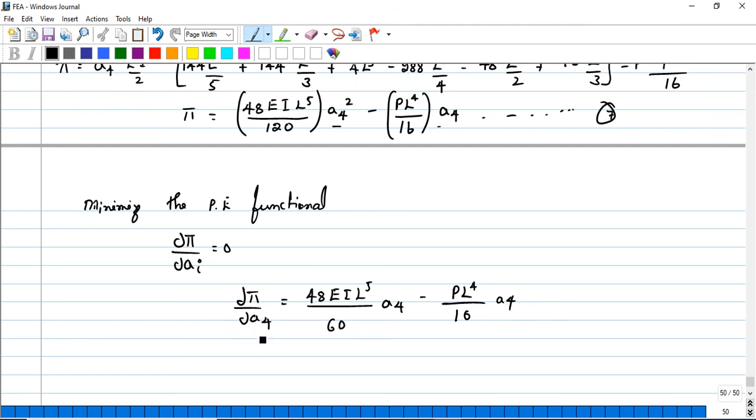And I can equate this to 0, and I will be getting A4 as PL to the power of 4 by 16 into 60 by 48 EI L raised to 5.